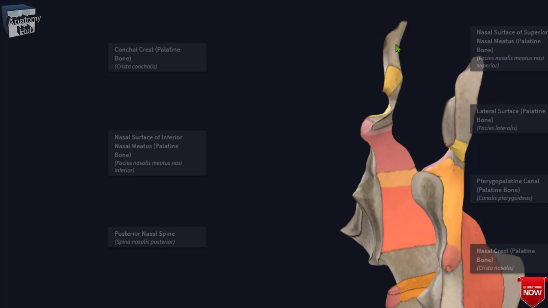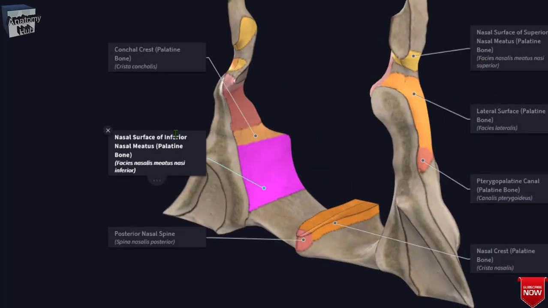Superiorly, the orbital process builds the posterior part of your orbital floor. Both palatine bones border each other at the medial surface that you'll see over here, which forms the posterior median palatine suture.